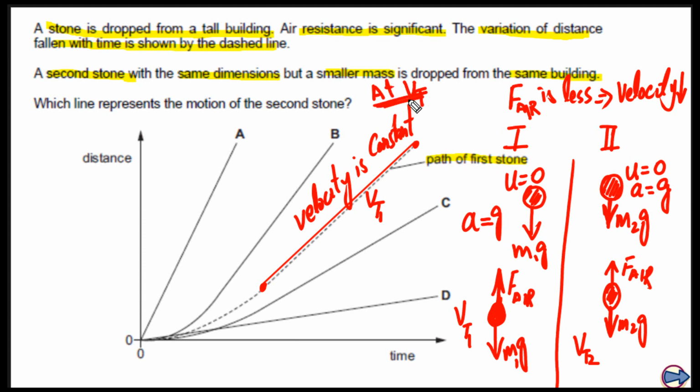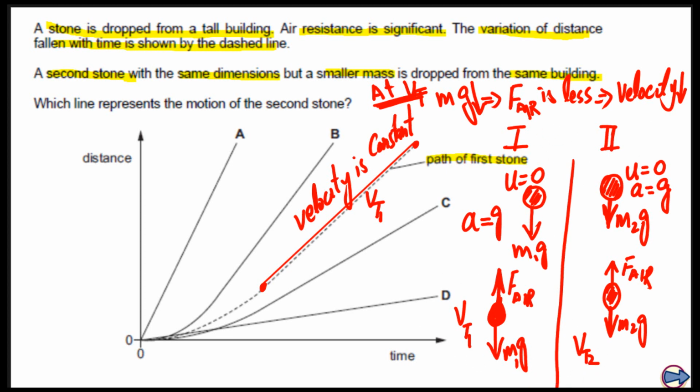We are talking about Vt, when it has reached terminal velocity. So if mg is less, the air resistance will be small, and velocity will also be small. It means for the second stone, Vt2.